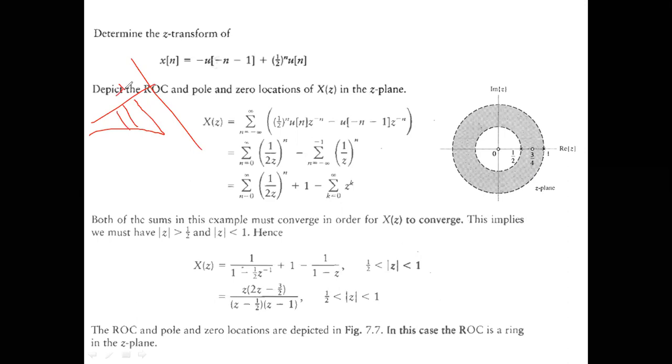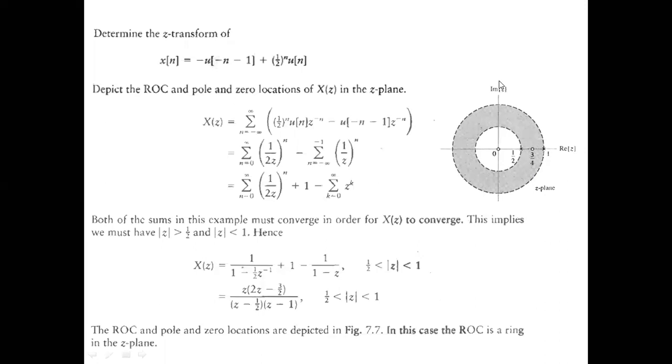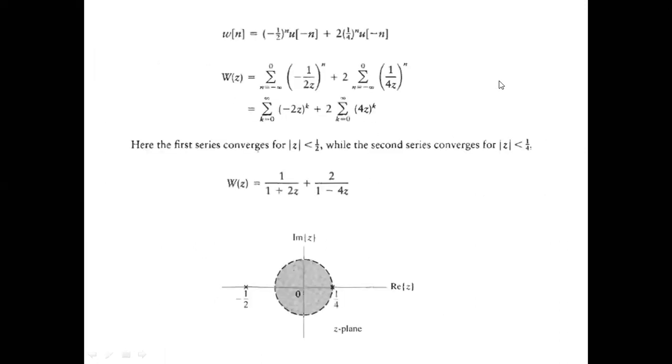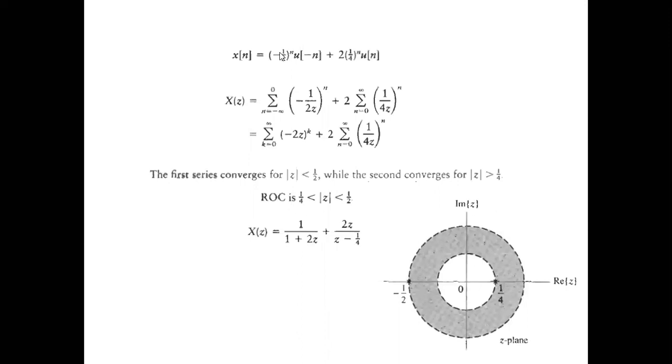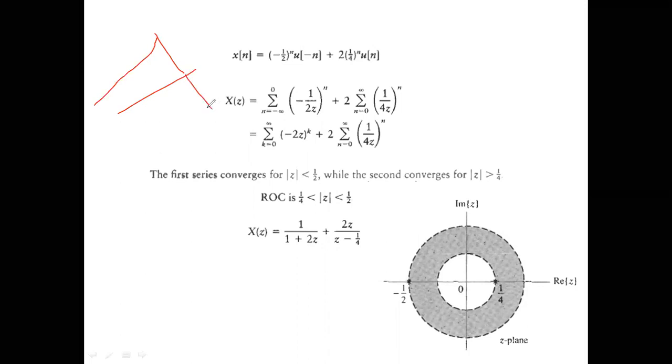Whereas the numerical which we have right now is not that signal. This is a simple left-sided signal which starts from 0. It has alternating minus signs. It is growing, not decaying; this is a growing exponential on the left side.